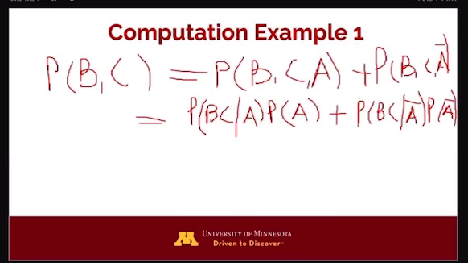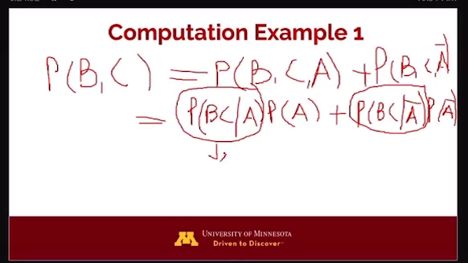Now, you know what I want to do now? I want to find BC given A. I want to evaluate that term, and I also want to evaluate the other term, considering them separately. I need you to pay attention. How is this going to be interpreted?